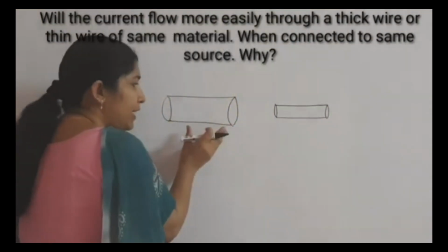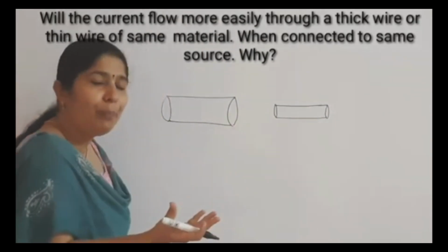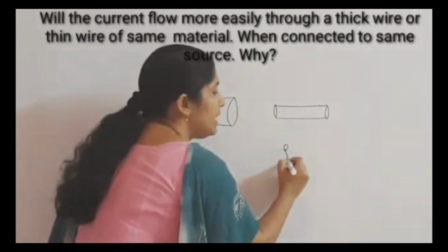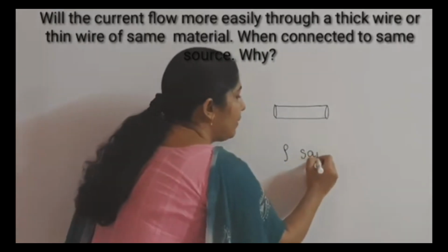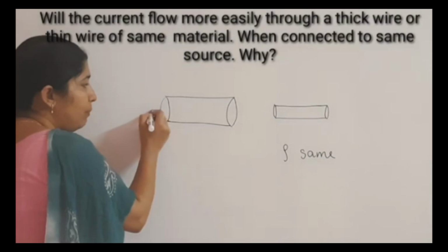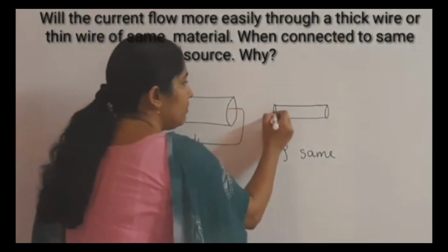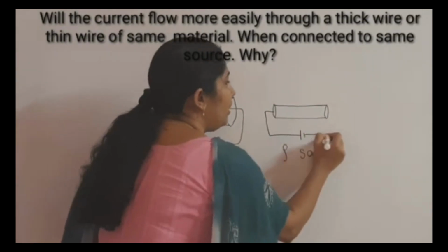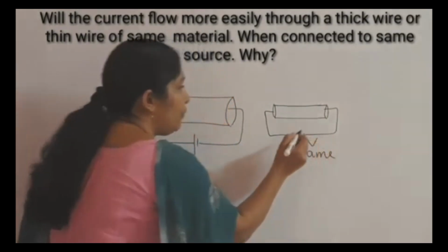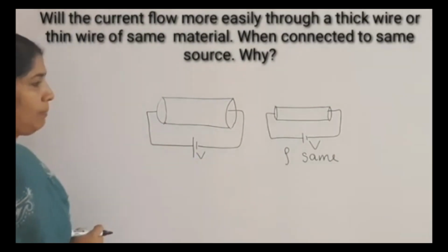That is, if this wire is made of copper, this is also made of copper. Therefore, the resistivity remains the same. And both of them are connected to the same source. If V is the voltage applied here, here also V is the voltage applied.